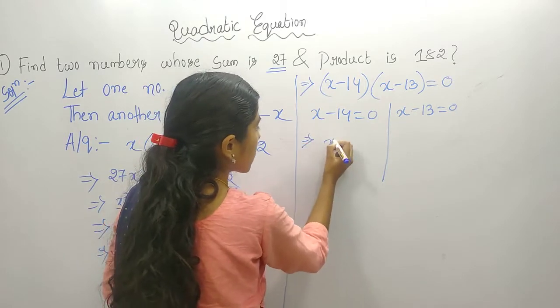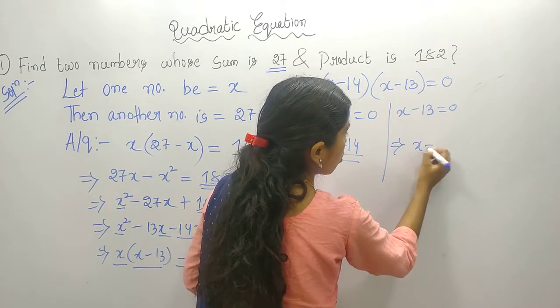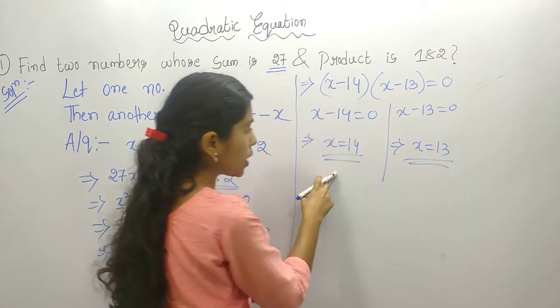That implies one value of x is 14, and x equals 13.